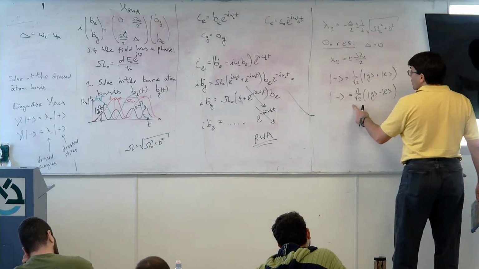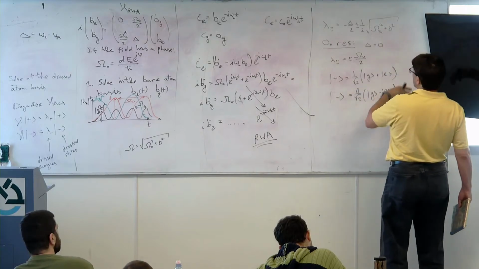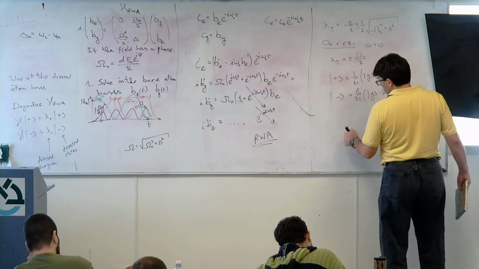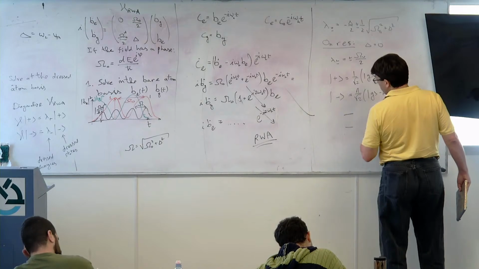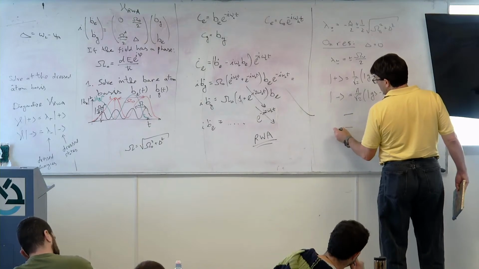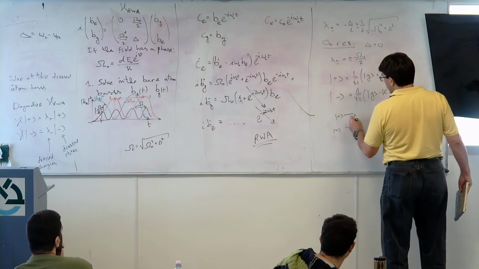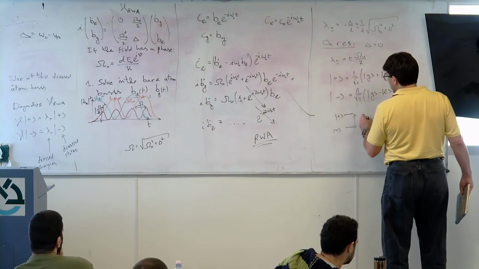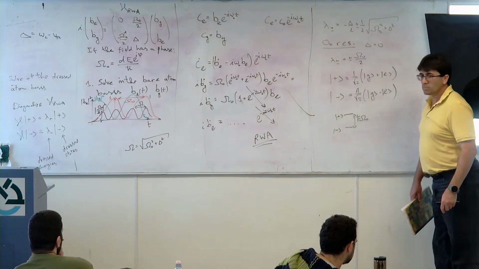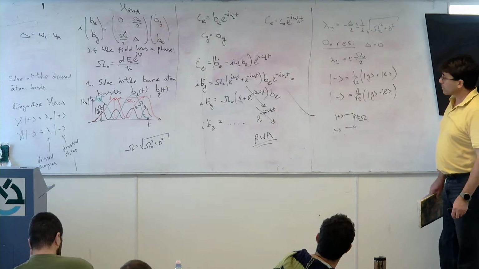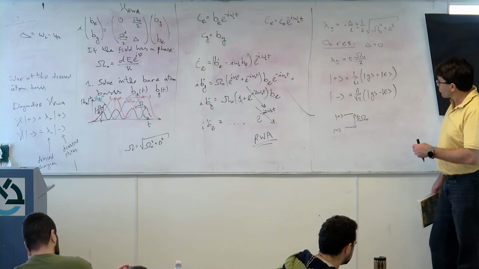So I have two states, the minus state and the plus state, and they're separated by h bar omega naught. Those are the dressed states.